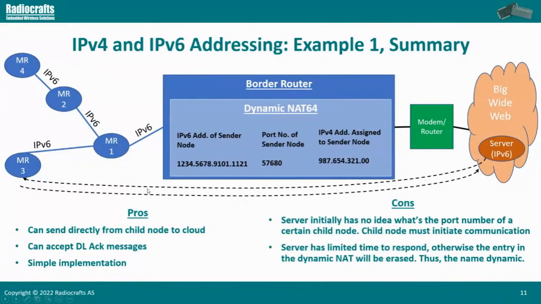All this happens automatically in the border router, and you're not required to do anything as a user. But the main issue with that is that the server at the beginning initially has no idea what the port number of the certain child node is, so it cannot just initiate communication with a child node. It has to always be a response.